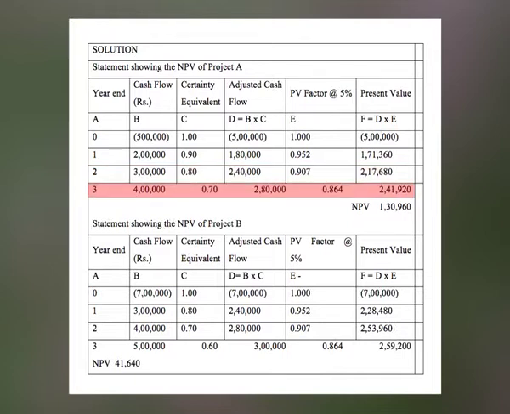For the third year, the cash flow is 4 lakhs, the certainty equivalent is 0.70, the adjusted cash flow is 2,80,000, the PV factor at 5% is 0.864 and finally the present value is 2,41,920. The summation of all this gives us the net present value, which is equal to 1,30,960.